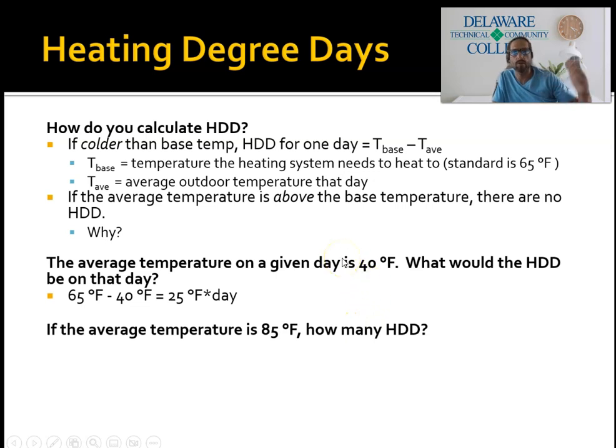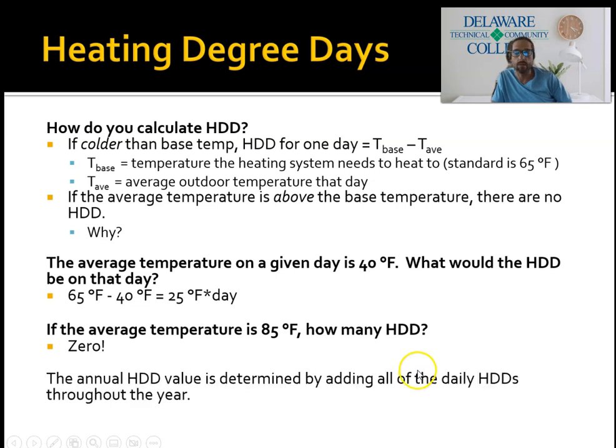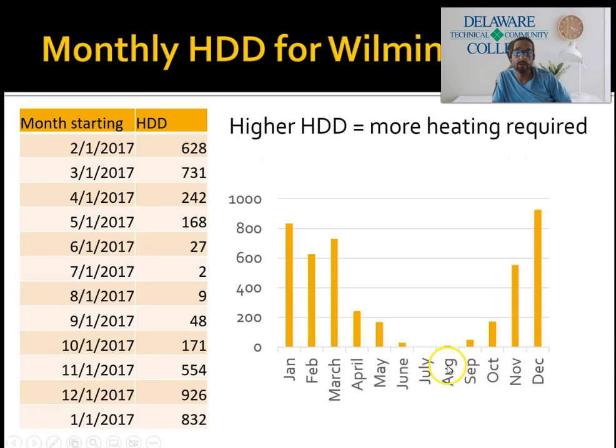Usually they'll go hour to hour, but this will give you the same answer. What if the average temperature is 85 degrees outside? How many HDD do we have? Well, we're above our base temp, so we don't need heating, which means we have no HDD. And that's really how you do it. Then you just total up all of these daily HDDs through the season, and that's your total HDD.